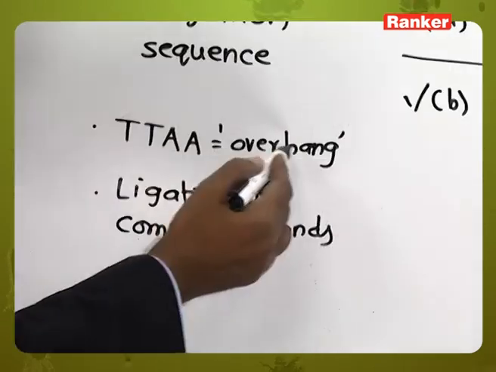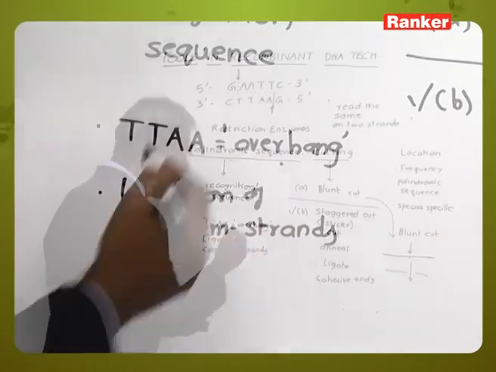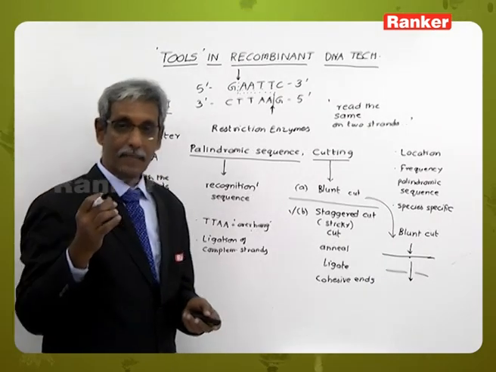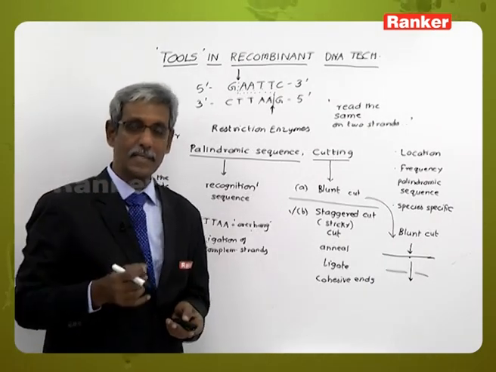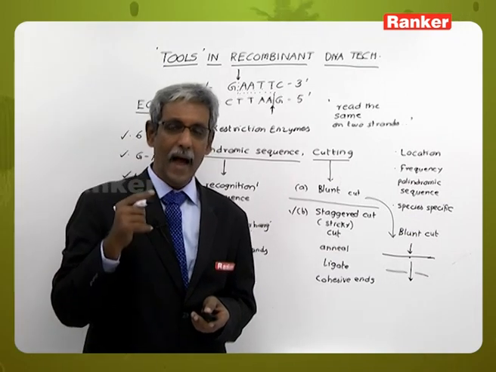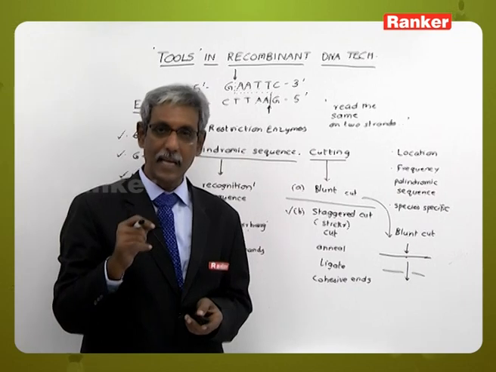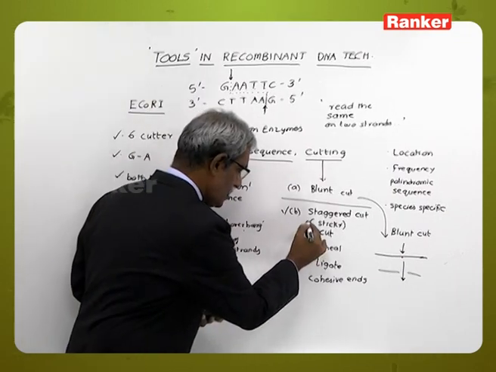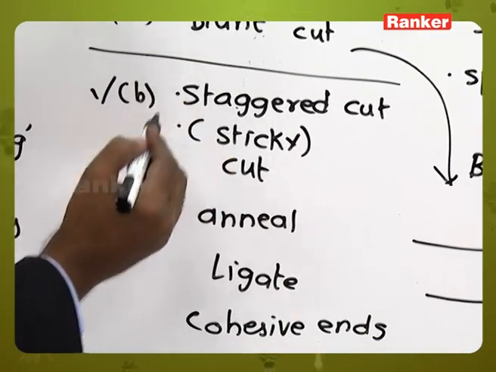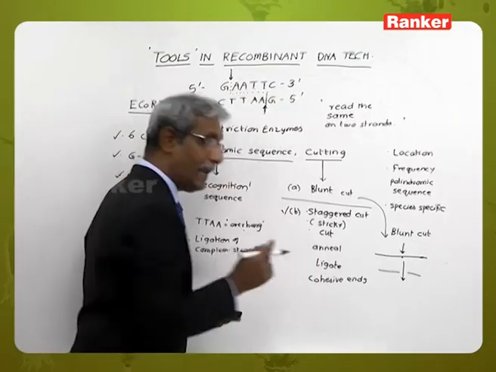And because it has an overhang, these ends, that is AATT, act just like adhesive tapes. They act like gum tapes and they are sticky. First thing is, it is sticky, it is called a staggered cut, and they can anneal.